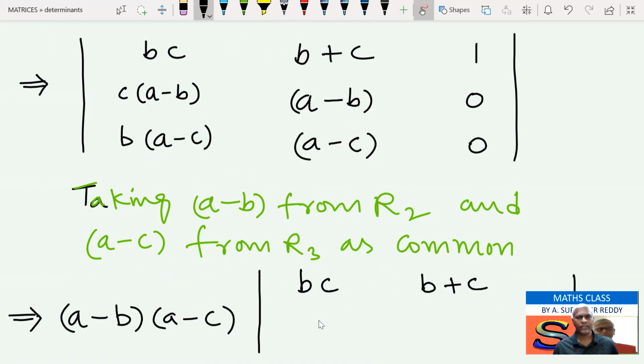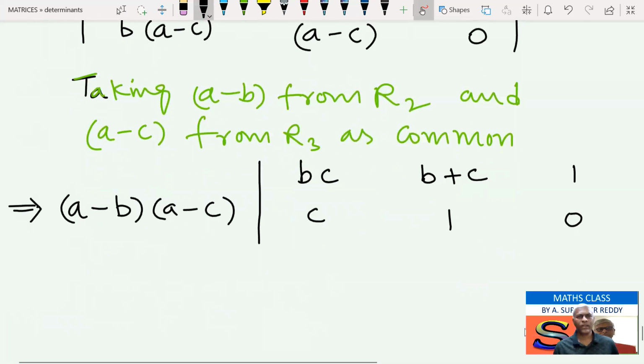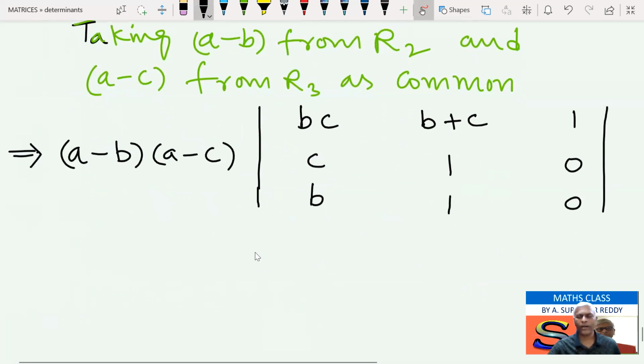In the first element C will remain, in the second element 1 will remain and 0 will remain as 0. From the third row, after taking A minus C, B will remain, 1 will remain, and 0 as 0 only. So after taking A minus B and A minus C common from R2 and R3, we get this one.